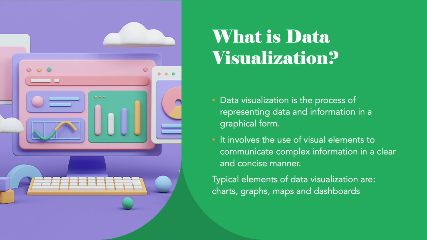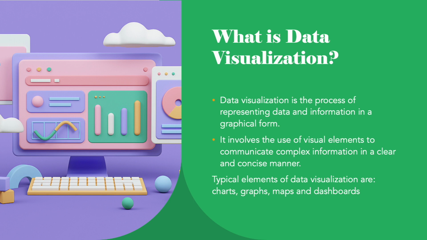More specifically, as you can read here, data visualization is the process of representing data and information in a graphical form, which naturally involves the use of visual elements to communicate complex information in a clear and concise manner. Typically, in any data visualization, there'll be charts, graphs, maps and dashboards.